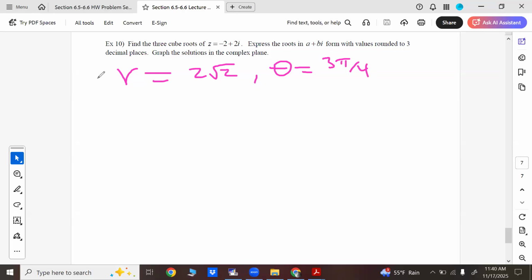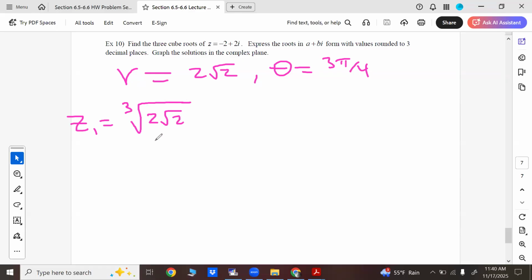Okay, let's do it. So you're going to have Z1, which is kind of nasty. So you're using the cube roots. Wasn't it you just read it as the cube root of 8?